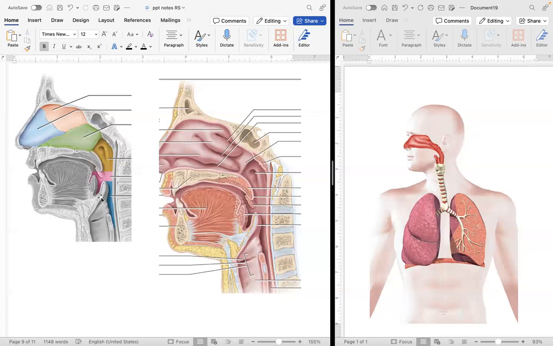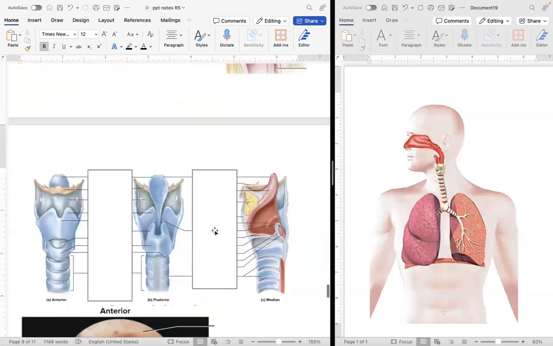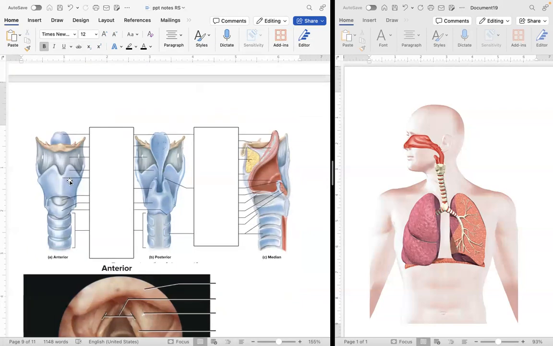So the larynx is another area. It's this area here, or if you want to see it better here. This is a better view. So larynx is also called voice box, and it's approximately 1.5 inch long chamber, which consists of 9 cartilages and helps to make sound and keep food and drinks away from the airways with the epiglottis.